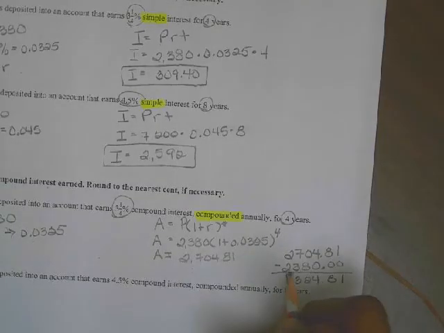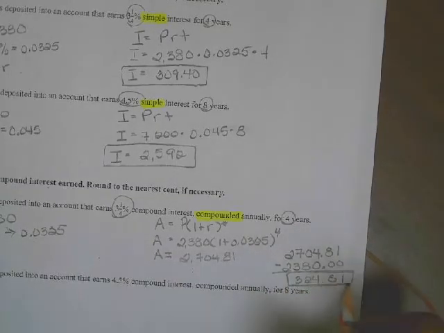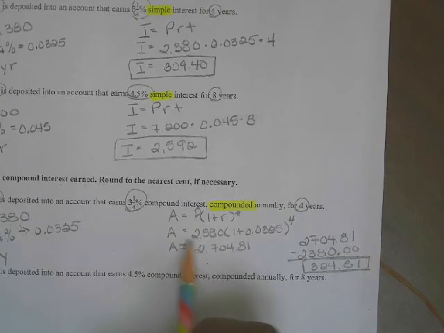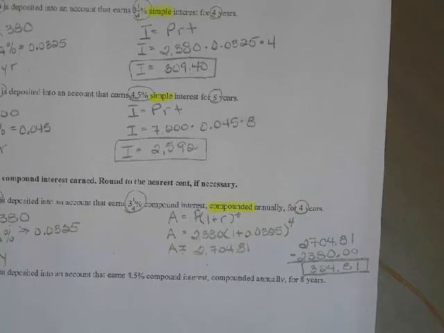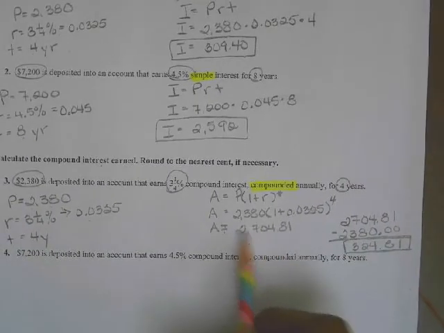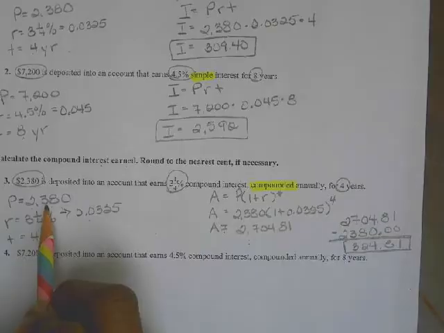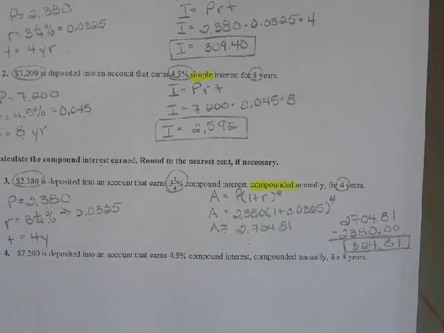So this is my answer. How much interest? This is the account balance, the total account balance, but I'm trying to find out about the interest. So I need to go back. Once I get how much the account is after that time, I got to go back and take away what that initial part was, okay?